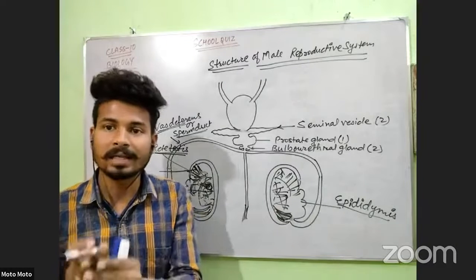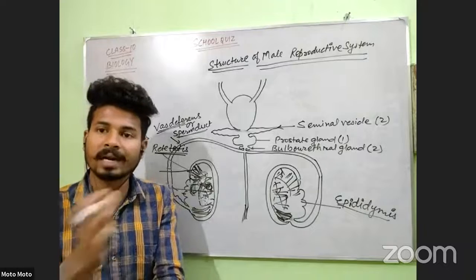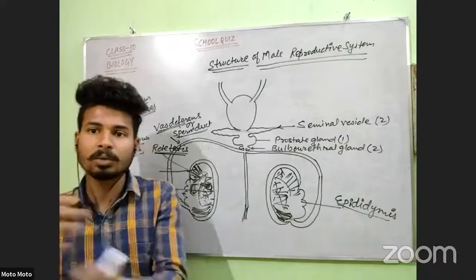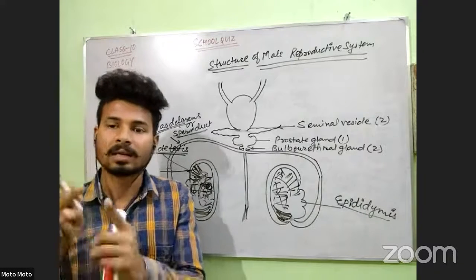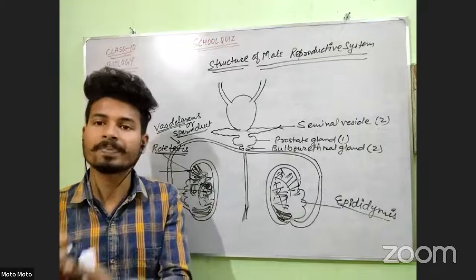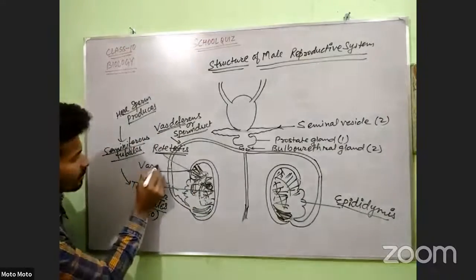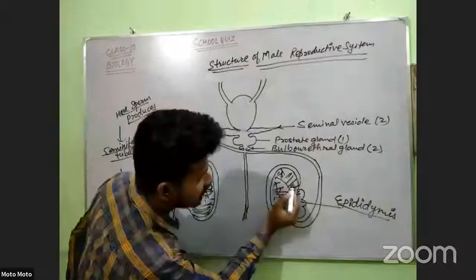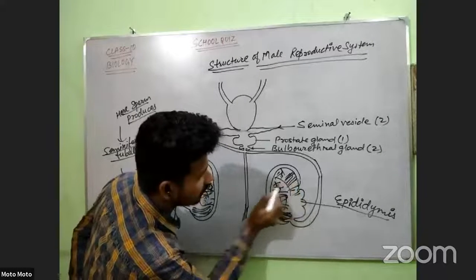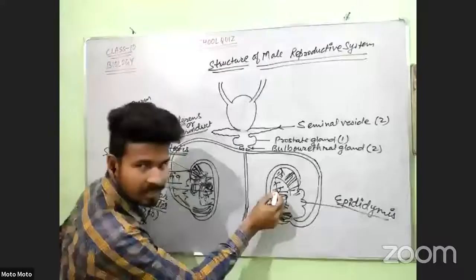Got it? That duct which comes out from the rete testis and joins into the epididymis is called the vasa efferentia. Okay, this is the vasa efferentia. As you can see, this is the duct. Here we counted the testicular lobules or seminiferous tubules.